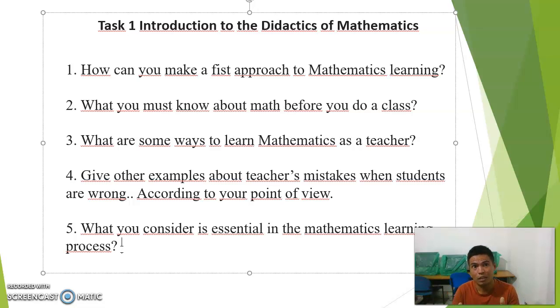Okay. For example, if we can solve different math operations, if we have a good command of the 4 basic math operations: add, subtract, multiply, and divide.